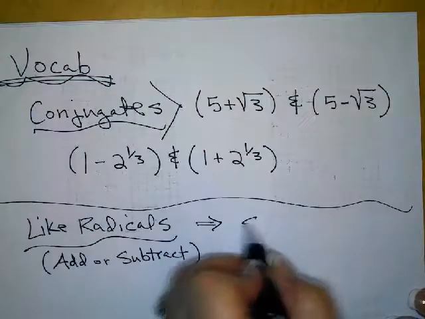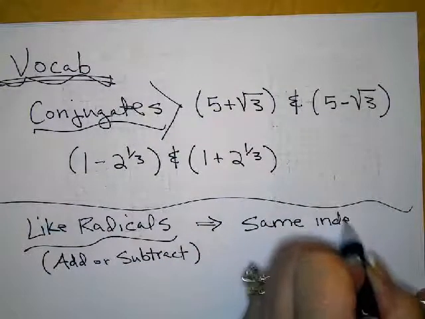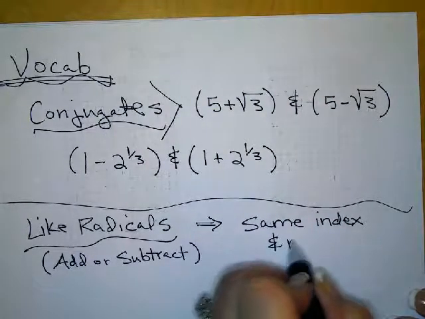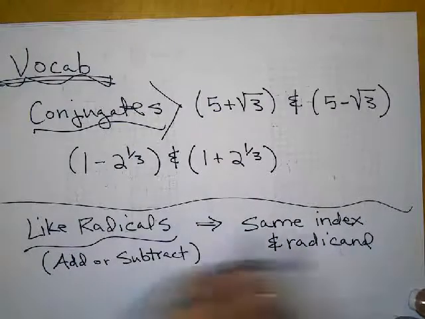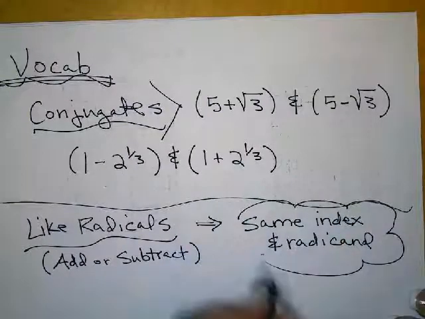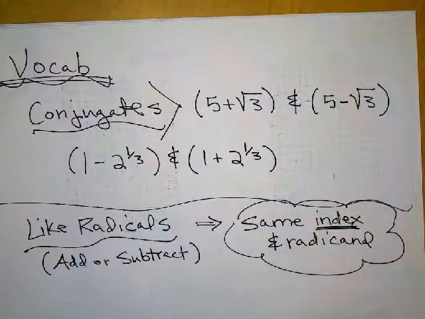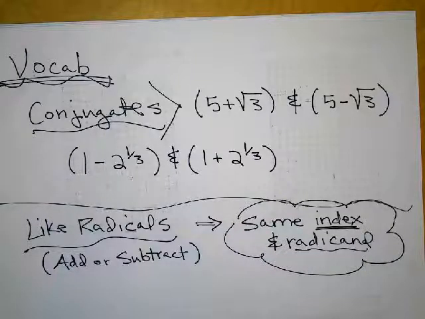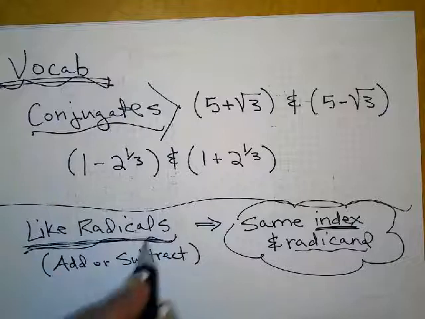And the index is the root or radical. So the same index number and radicand, which is the number underneath. Index ties into the little number with the root or radical. The radicand is the number underneath the radical sign. And it's mainly for when we add or subtract.